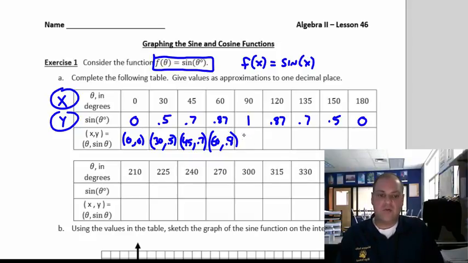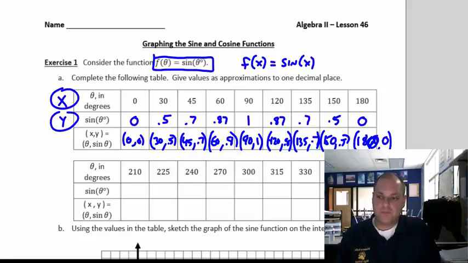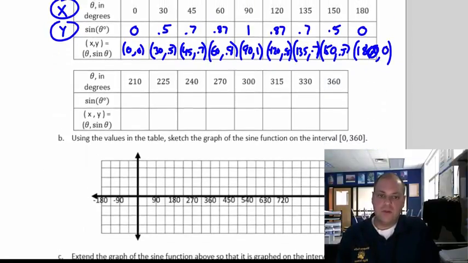I'll just leave the 7, I don't have room. This one's going to be 90, 1. Then 120, 0.8, 135, 0.7, and so on and so forth. 150, I know you can't see that well, 0.5. 180, 0.